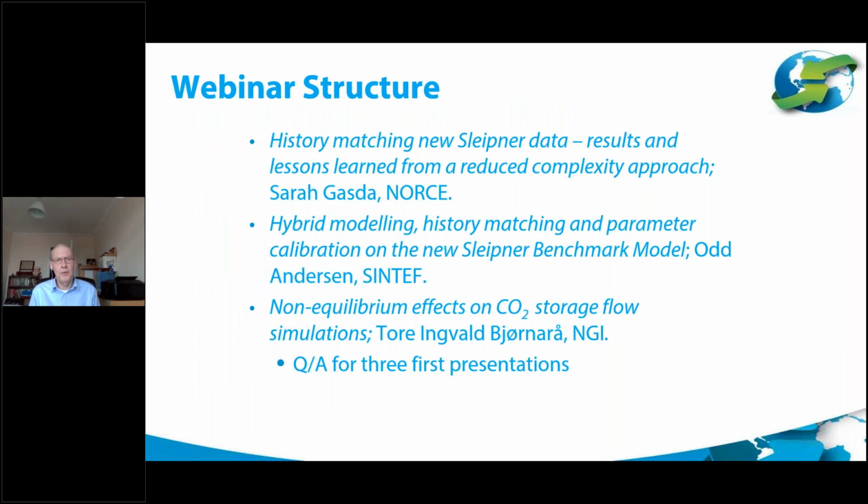So today, we have 5 brief presentations from researchers based in Norway who have been working on the Sleipner dataset, which is the dataset that CO2 DataShare holds. The first of these will be from Sarah Gazda from Norse.